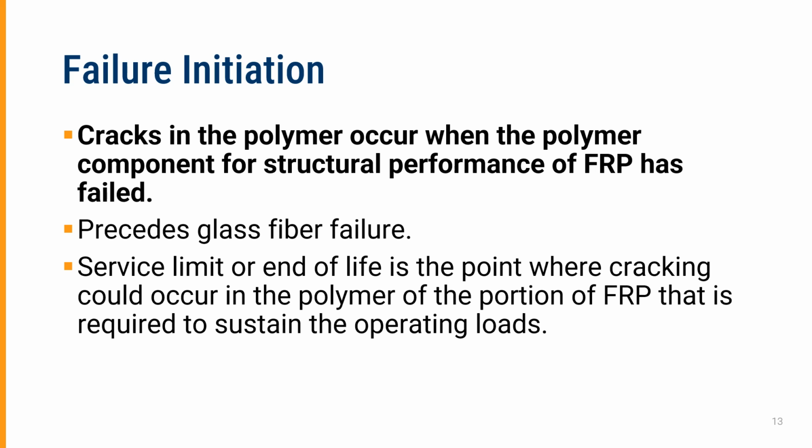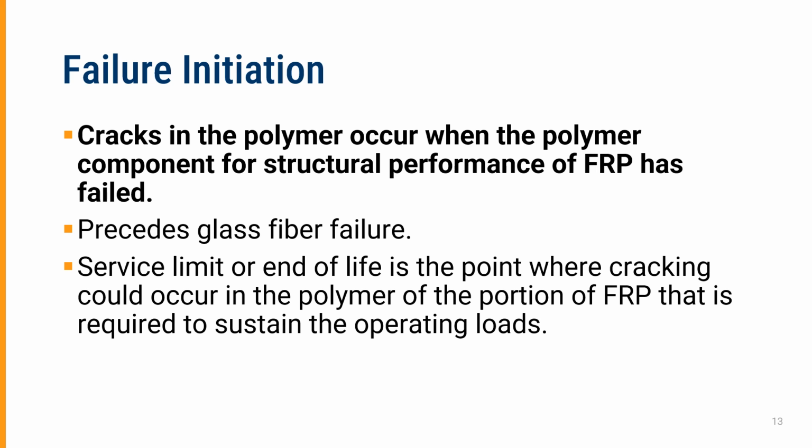We're not anywhere near the tensile strength when that polymer has failed because the reinforcement dominates tensile strength. However, cracking has occurred. We're seeing failure initiation at that point. It almost always precedes glass fiber failure.